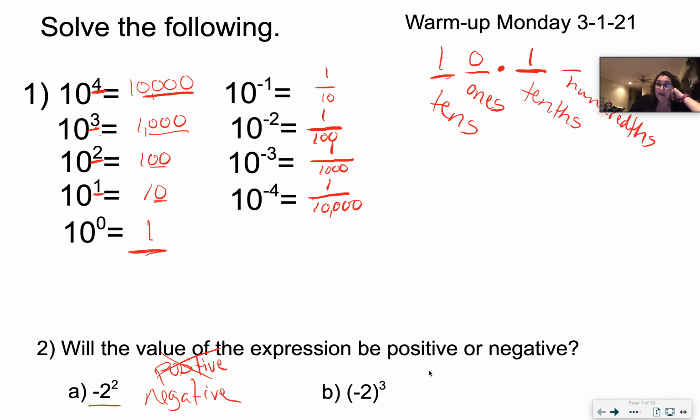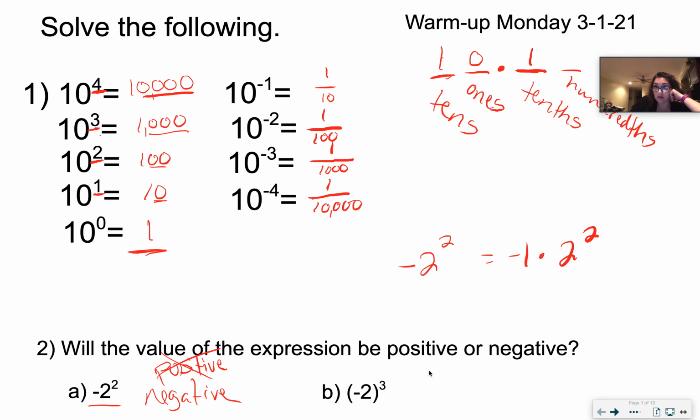Because when we have a negative and we're squaring it, or taking it to the third power, or the fourth power, if you don't have parentheses around the number and the negative sign, then what it means is I'm taking the negative out to the side. It's like a -1 times 2 squared.